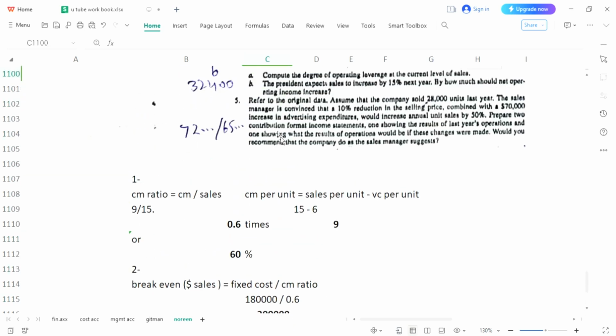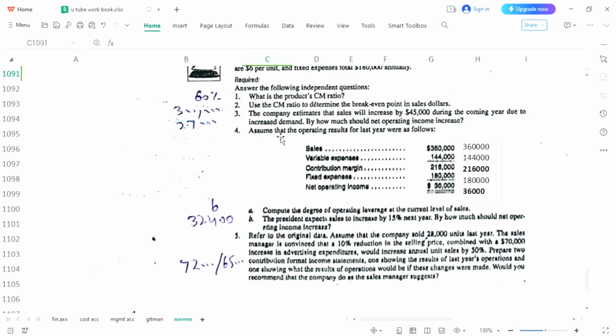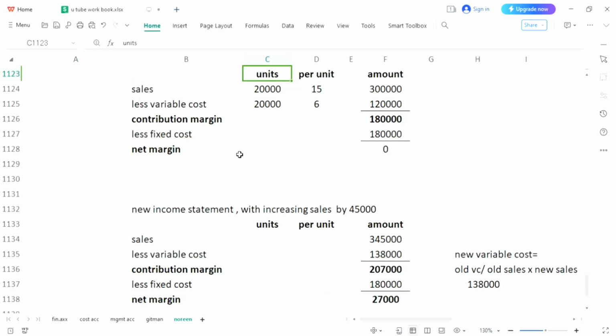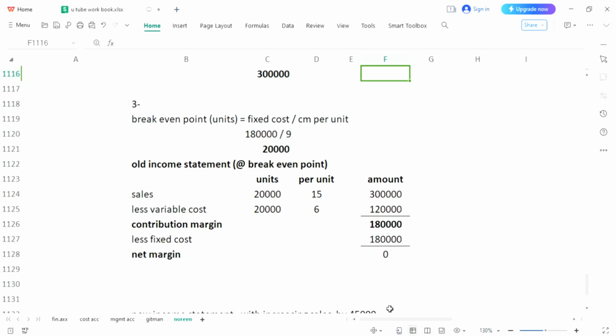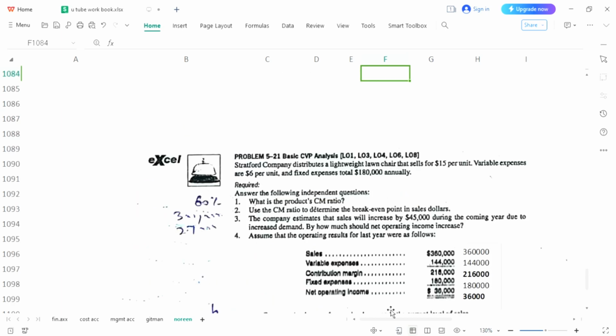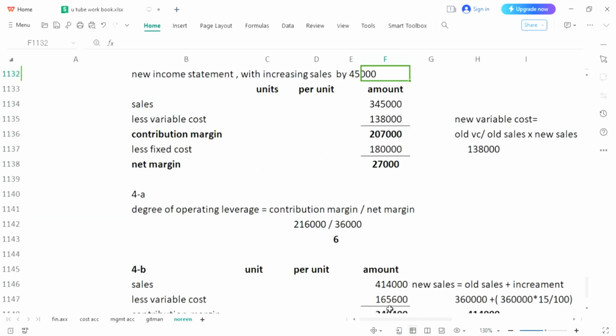That is why I usually ask you to review your question. Estimate third we should have solved. Okay, this is your 27,000 net margin. We haven't mentioned the number as 3. It was third part. Yes. So for third part, our answer is 27,000.